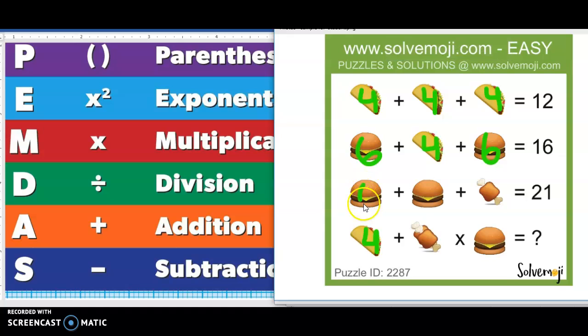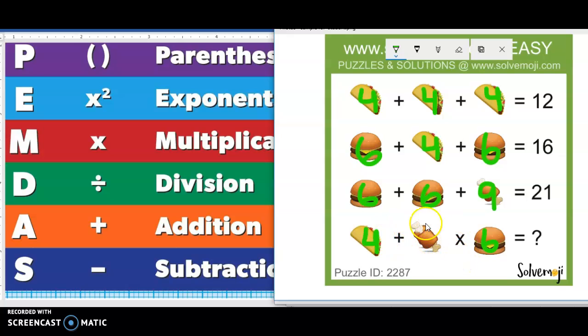So that makes this hamburger 6, this hamburger 6. 6 plus 6 is 12. And that hamburger is 6 also. 6 plus 6 is 12, and I gotta get to 21. 12 plus 9 is 21.